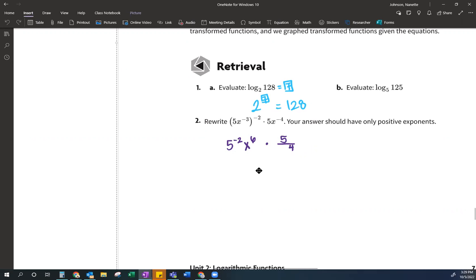So I get x to the 6th is the same, 5 squared is the same, 5 over x to the 4th. Okay. And then I just simplify. So I have a 5 on the bottom, and then I have an x squared on top. So there's my answer: x squared over 5.